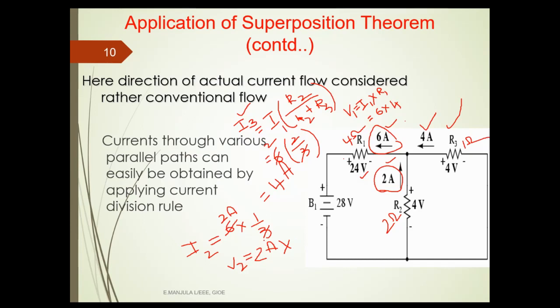So voltage is equal to I into R, according to Ohm's law. So R is here, into 2. So both are 2, 2. So it is 4 volts. Okay, so yes, it is 4 volts. And now for finding the voltage across R3, we know that V is equal to I into R. I is here 4 amps, 4 into 1 ohm.